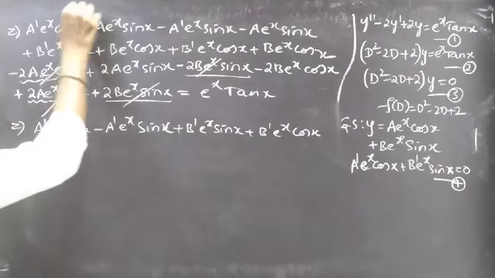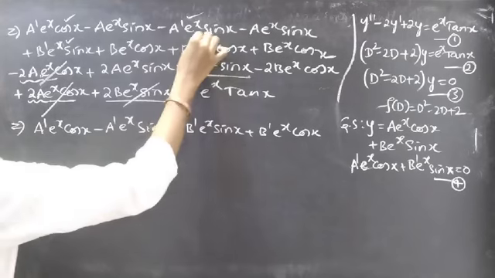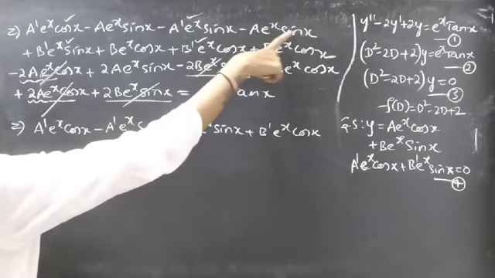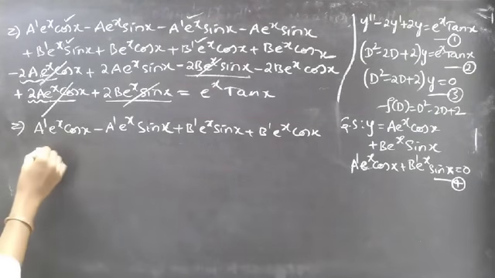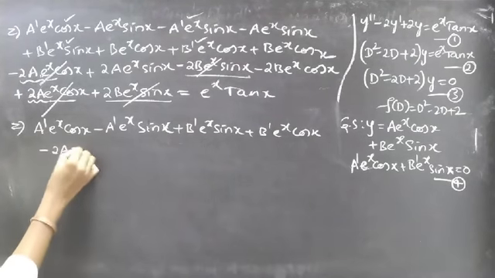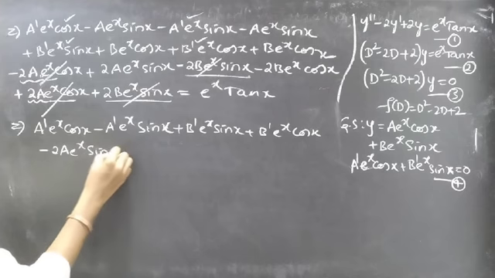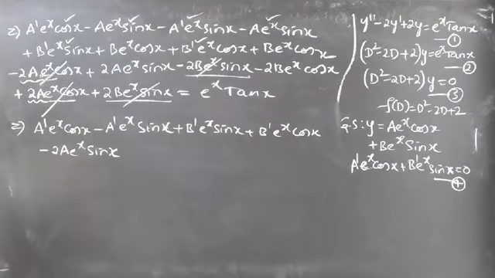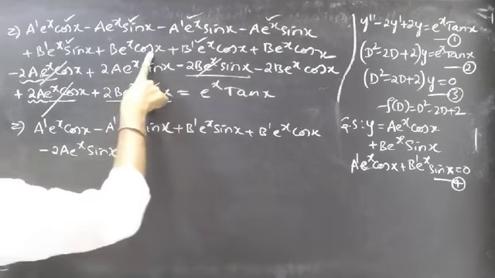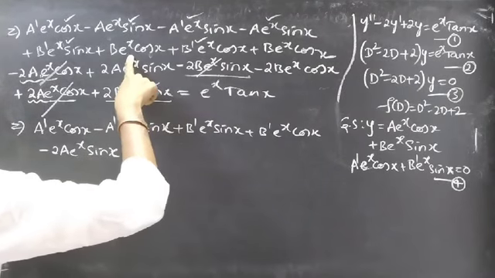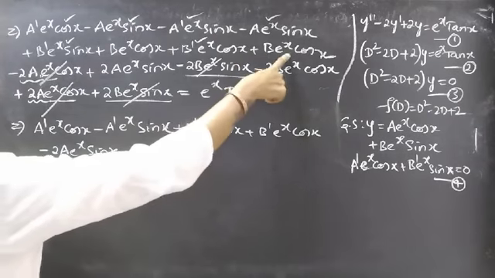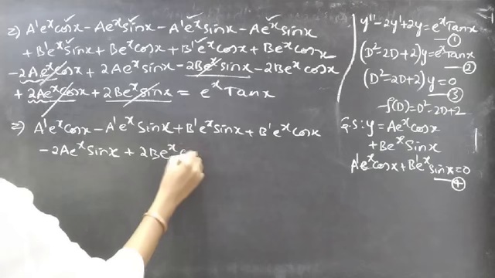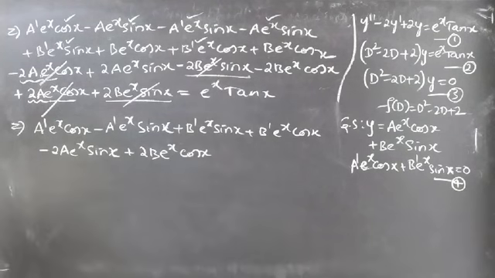Here you are having minus a e power x sin x minus a e power x sin x, which is minus 2a e power x sin x, and now add these two. b e power x cos x plus b e power x cos x is 2b e power x cos x, right?